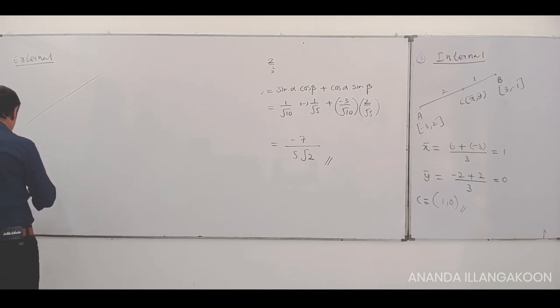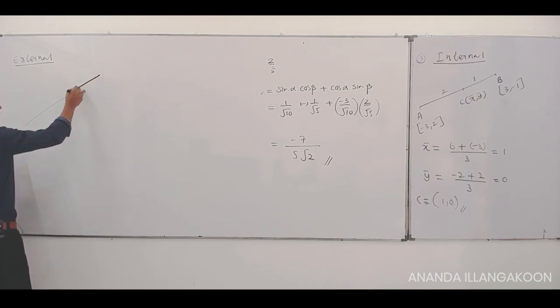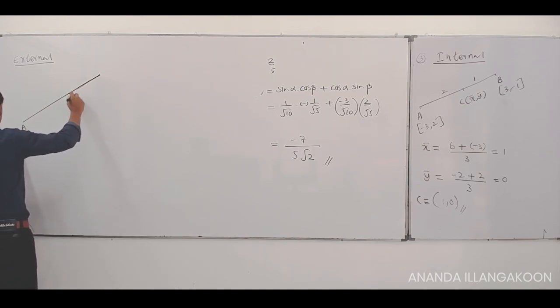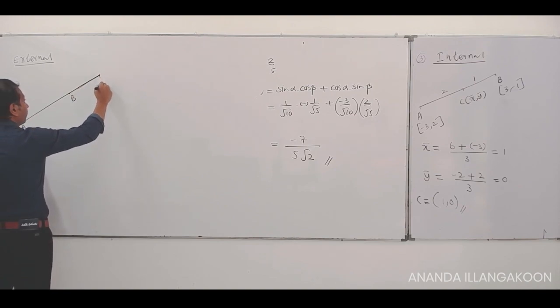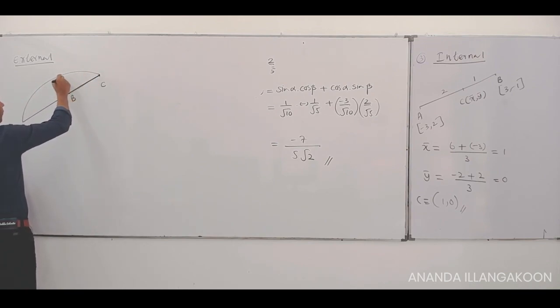AC:CB is 2:1. Here A, somewhere here we have B, this is C. A to C is 2 units, B to C is 1 unit.